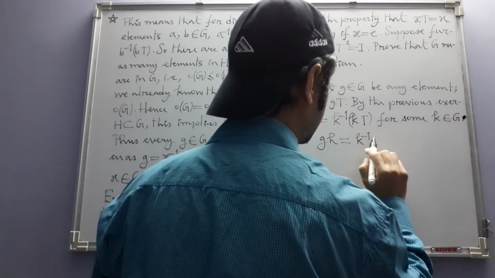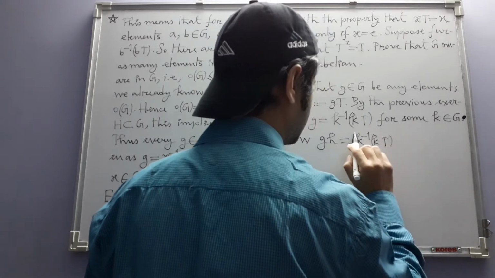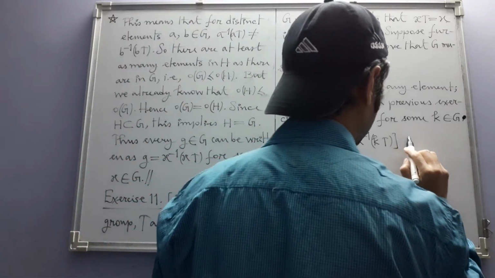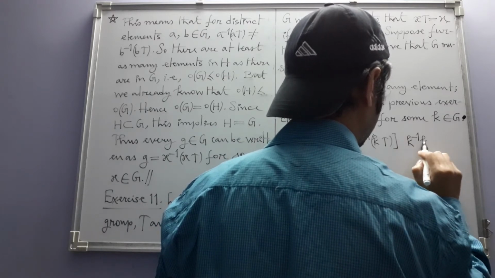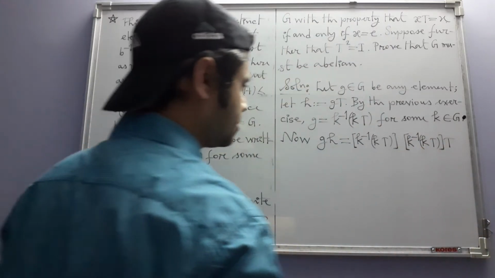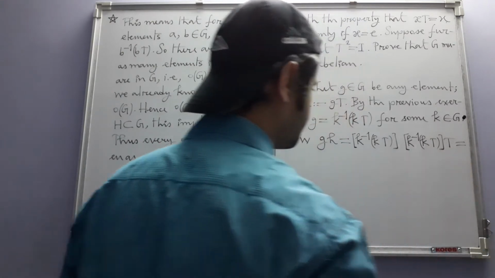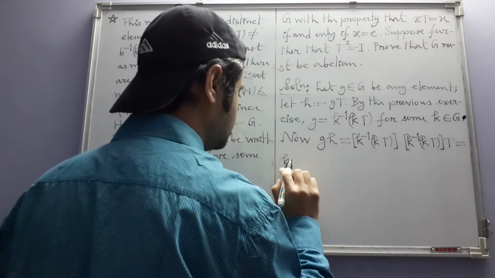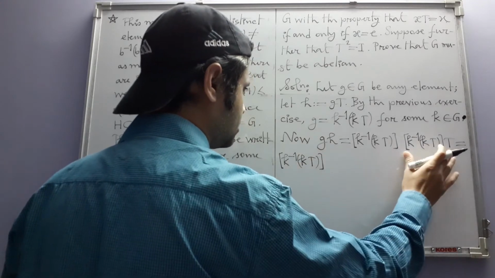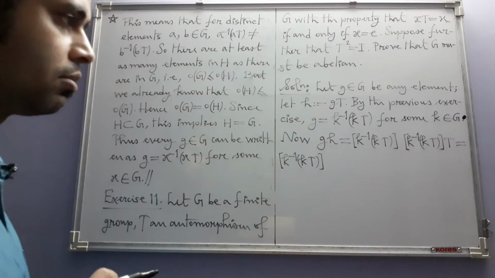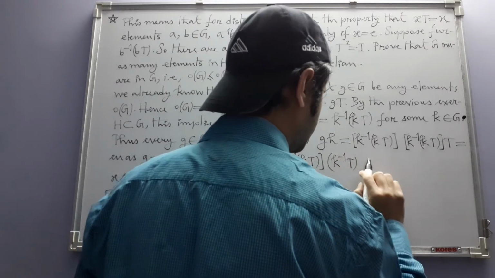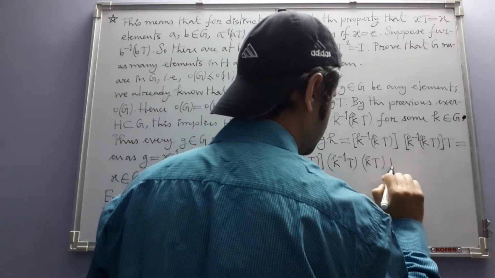K inverse KT, and H is GT, on this we are again applying T, and this is equal to, this of course we keep as it is, in this second part, because T is a homomorphism, we will have K inverse T times KT T.